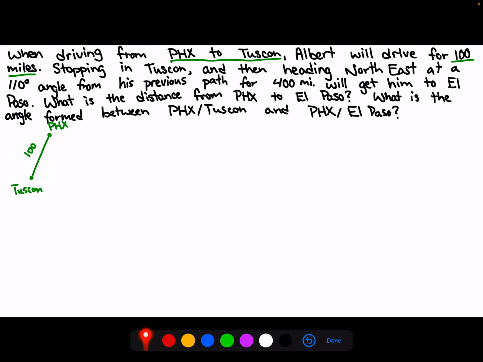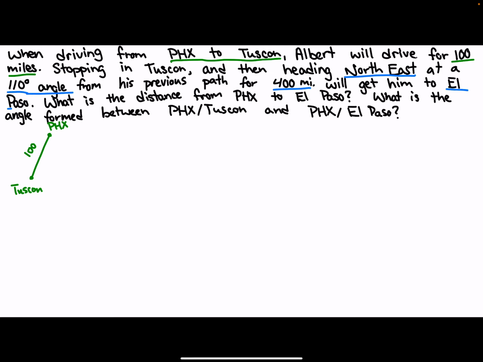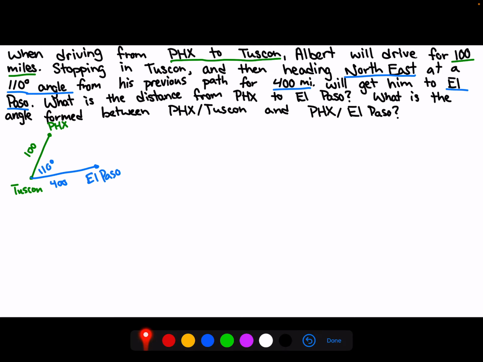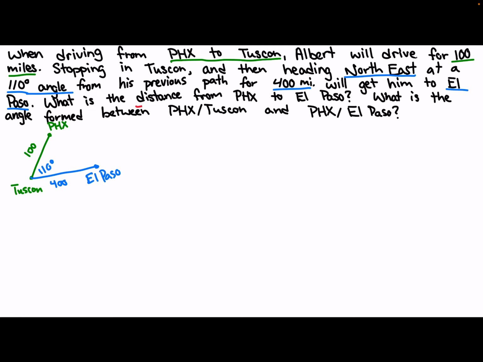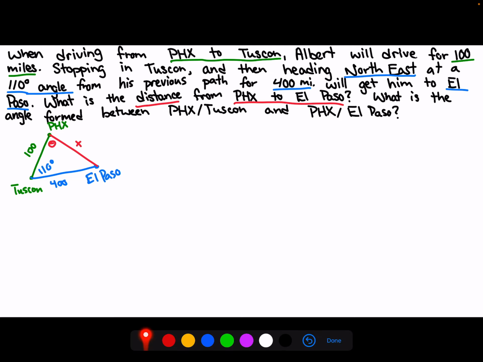He then turned northeast at a 110 degree angle, and this is not going to be drawn to scale, so if your triangle looks weird, it's fine. He travels at a 110 degree angle northeast to get to El Paso. He traveled 400 miles along that route. Lastly, we want to know the distance from Phoenix to El Paso, so we'll call that x. You also want the two angle measures here, which we'll find in just a minute.